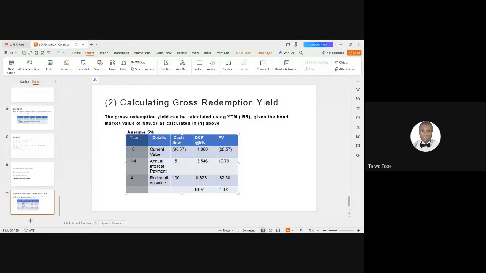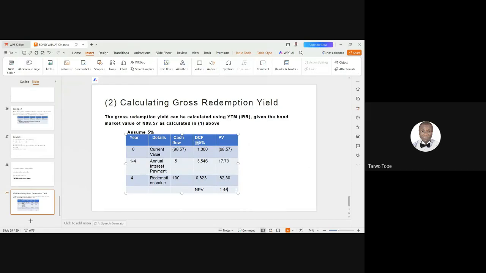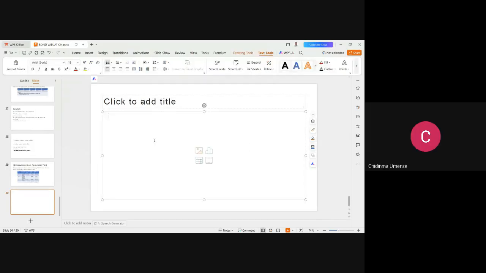Let's see. It's a trial and error approach. It's not that every time these values will give us what we want. If it didn't give us, we'll have to determine it again. So now assume 10%.